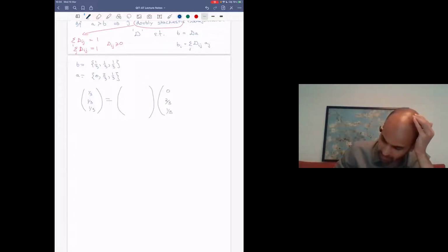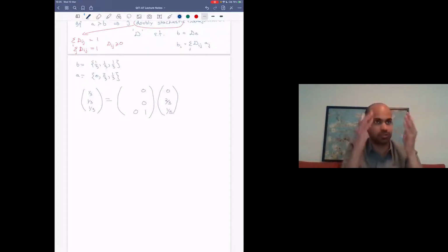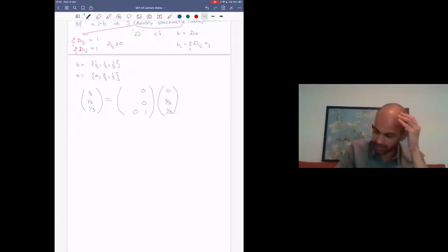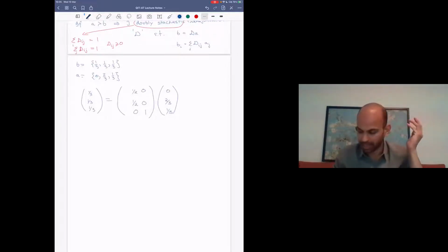And I can construct one quite simply by saying, well, if we leave the third element unchanged, this is already enough for us. And between the second and the first element of A, all I have to do is to split the second element and put it over the first and the second element. So if I have a half here and a half here, this will already do what I like.